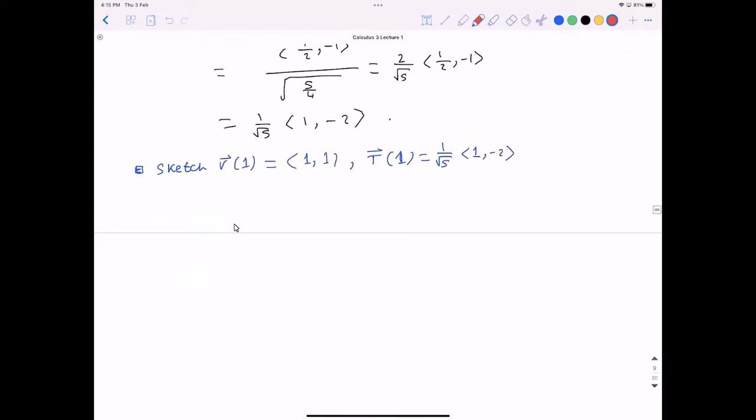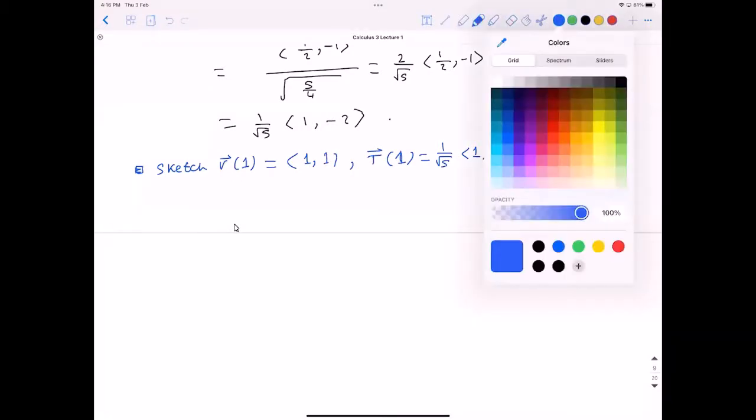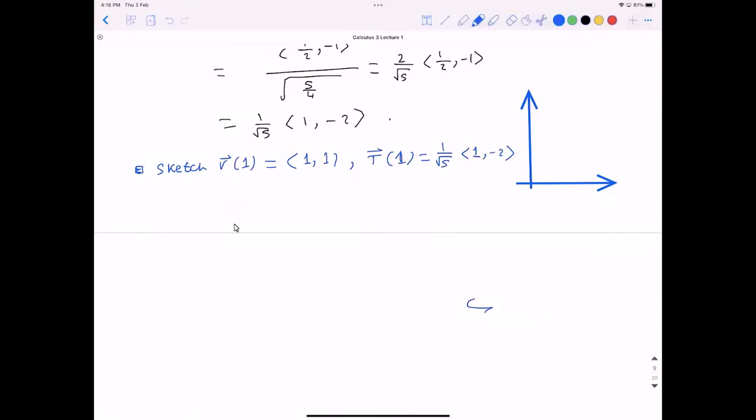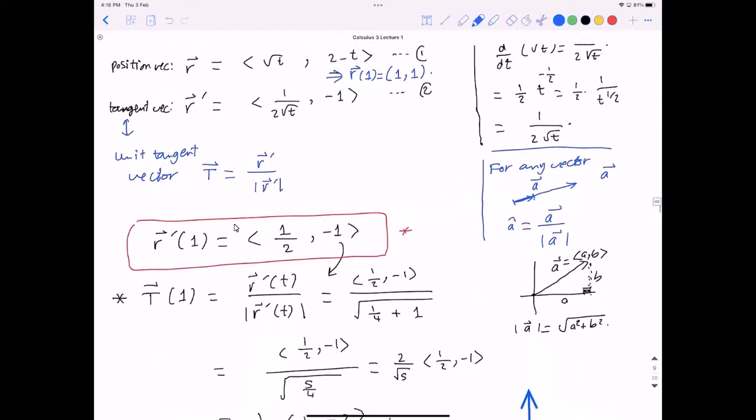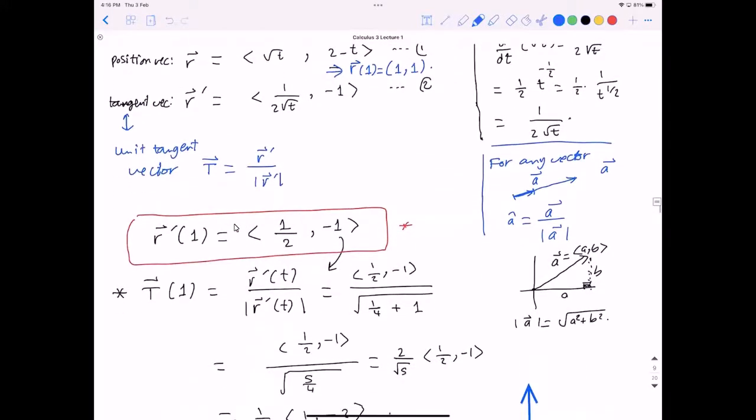So now we need to do what? This axis. So when t is 0, R is, let's go to the original position vector function, root t, 2 minus t.